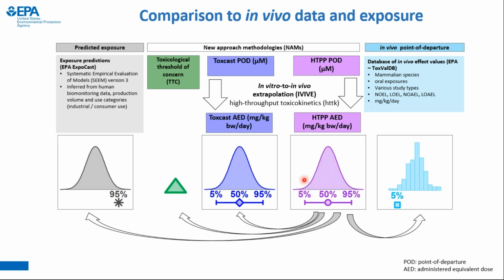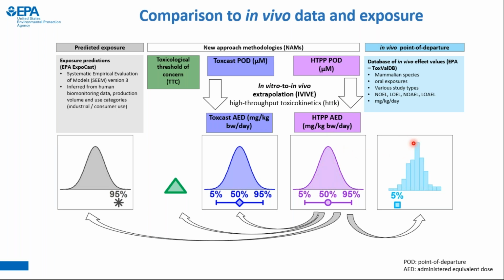We model this, and we get a distribution because we take into account that inter-individual differences exist in pharmacokinetics. So we get here a distribution. This dose, we call it administered equivalent dose, and we can then compare this dose to in vivo effect values.